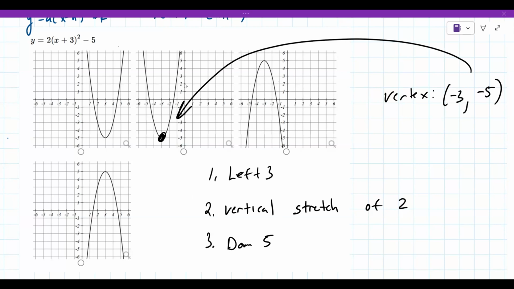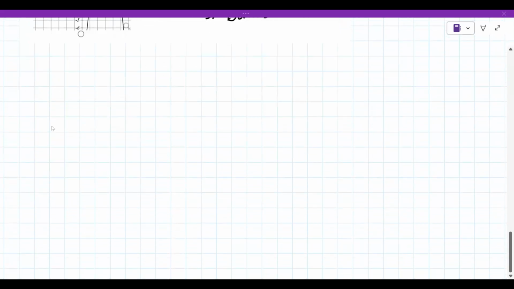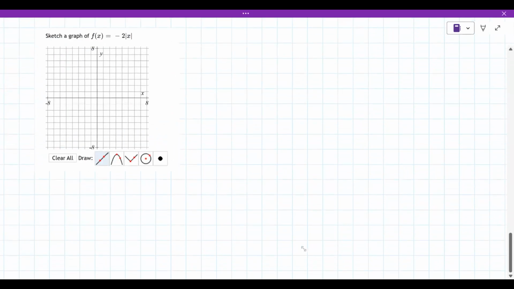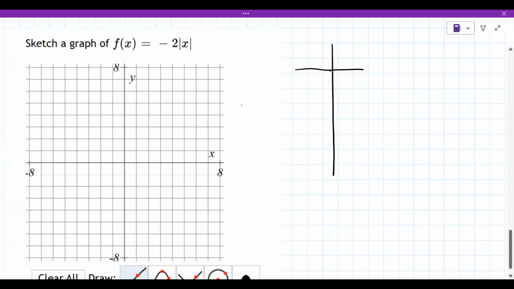So here we go, we got a vertical stretch. Are you talking about 19 or 18? I already got 18 plugged in. All right, so for 19, we have negative 2 times the absolute value of x equals y.